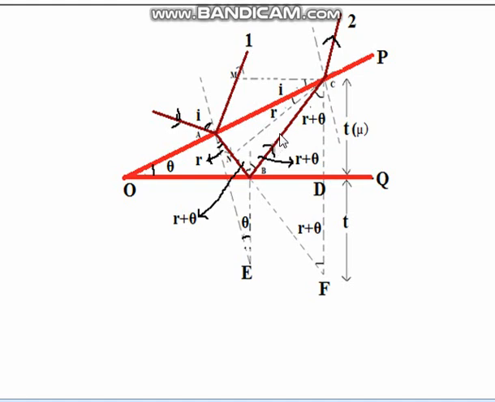Here, BC is the reflected part, and at point C, there is again reflection and refraction, and the light at point C is refracted into the air, giving ray number 2.